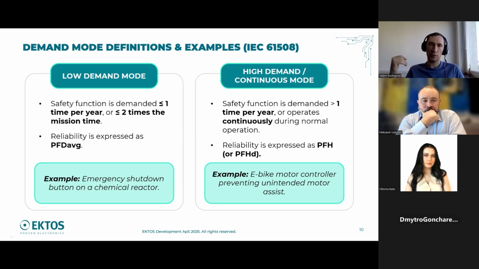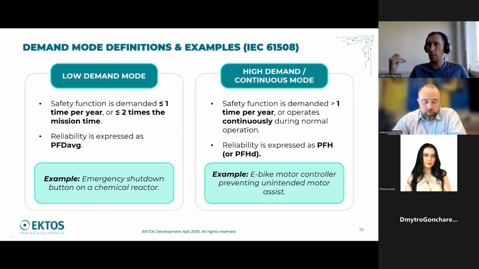So you can imagine an emergency shutdown button on a chemical reactor or any other type of reactor. In an ideal world, it will never work if everything is okay. We consider this low demand because a person can press this button. This is a very rare event. And the opposite side is high demand or continuous demand, something which operates much more frequently.